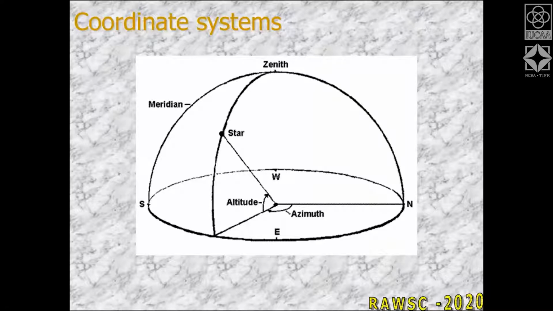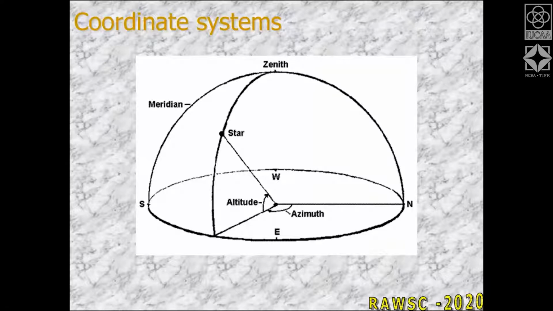Fine. So if there are 3 astronomers and one of the astronomers has discovered a star and wants to tell the other 2 astronomers who are not in the same geographical location, say the astronomer who has discovered a star is me in Pune, and I want to tell somebody in Australia and somebody in the US.